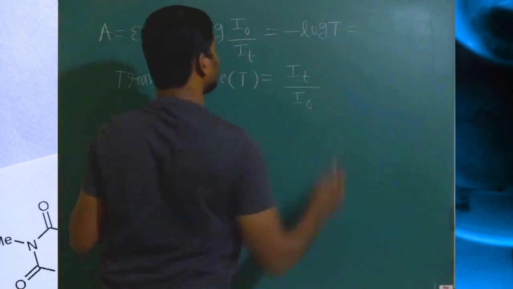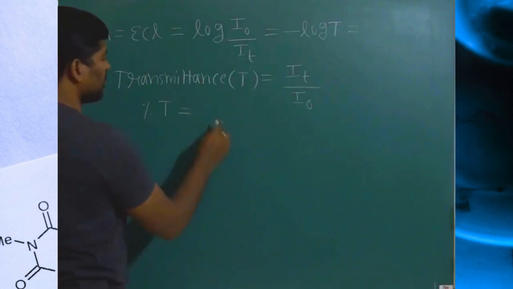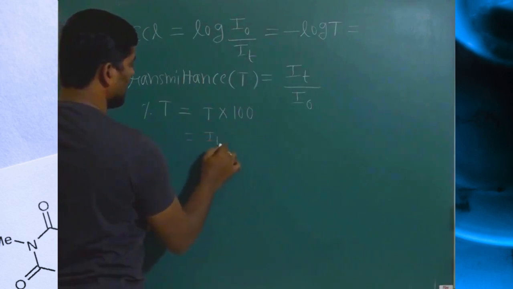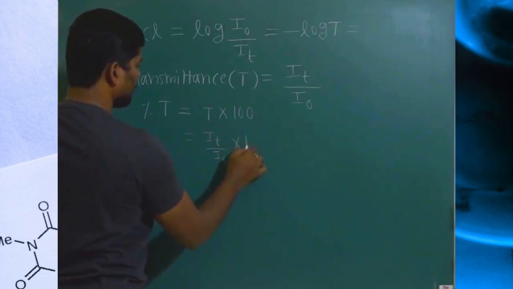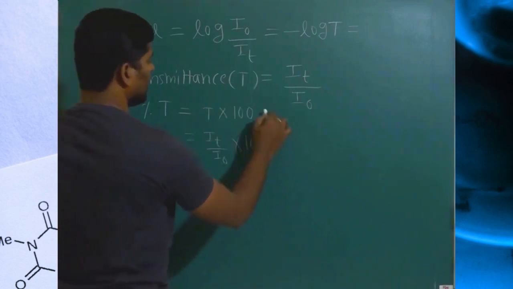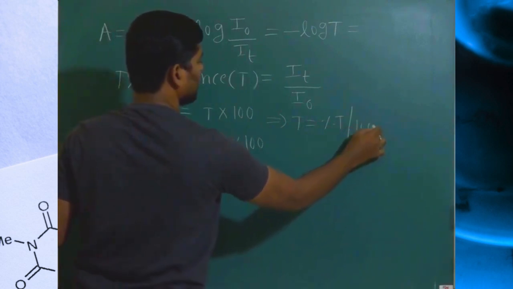Next, percentage of transmittance means transmittance times 100, that is IT by I0 into 100. So T can be written as percentage of T by 100.